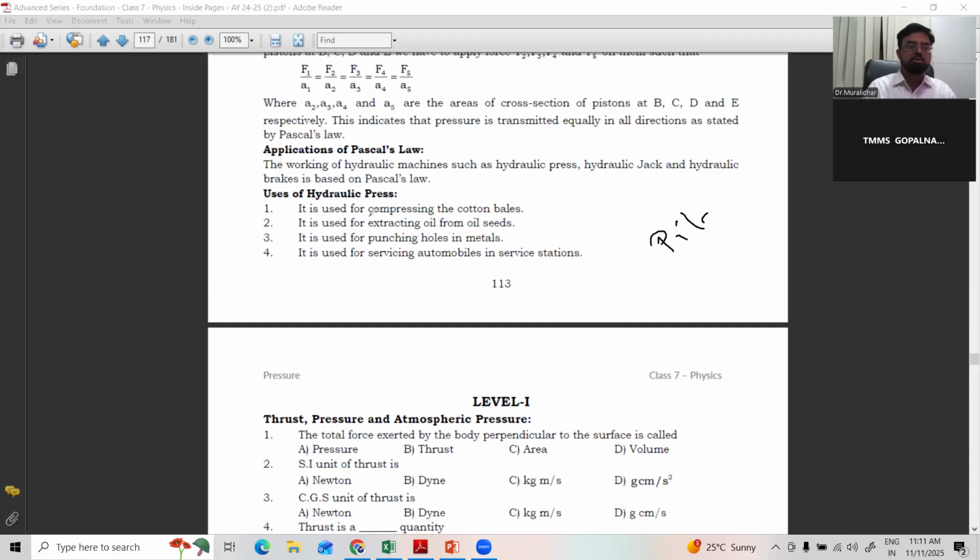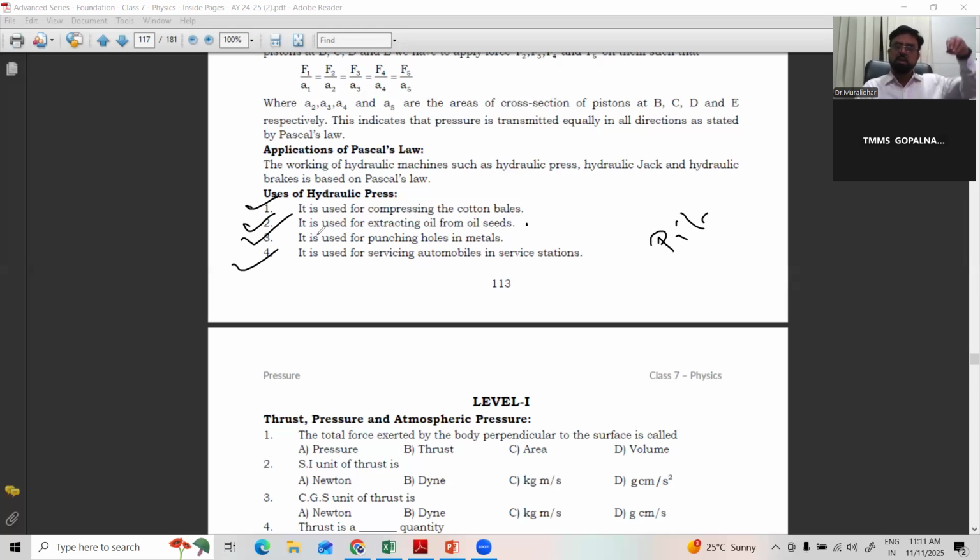Right? So where is the hydraulic press used? It is used in compressing cotton seeds, and you get cotton oil. It is used for extracting oil from oil seeds. It is used for punching holes in metal. It is used for servicing automobiles in the service station.